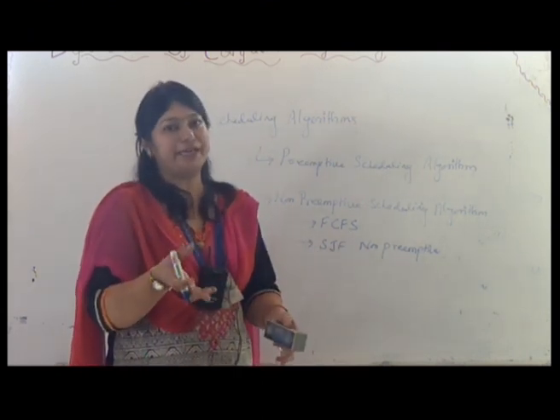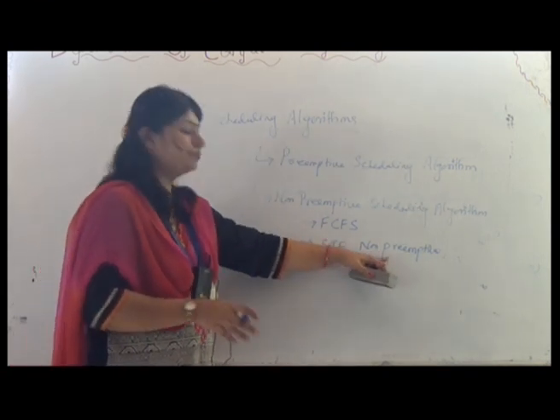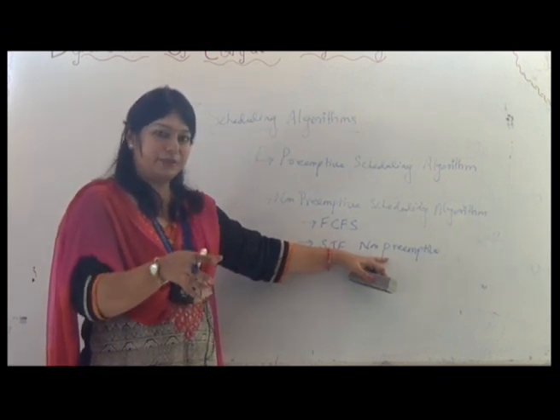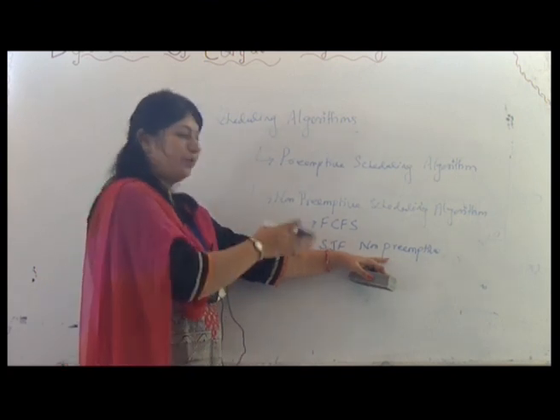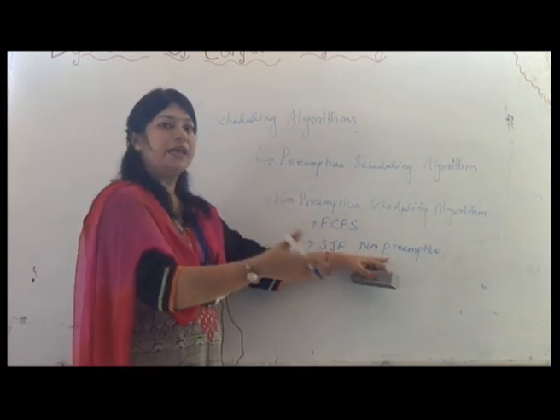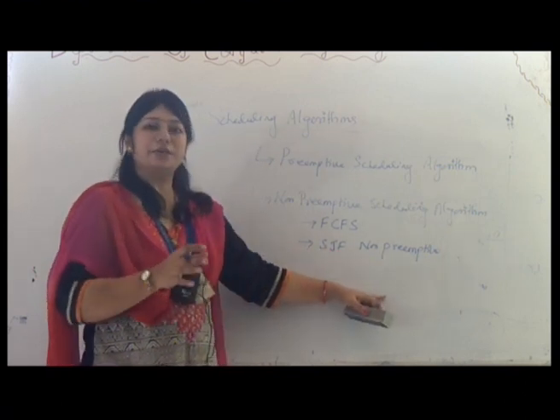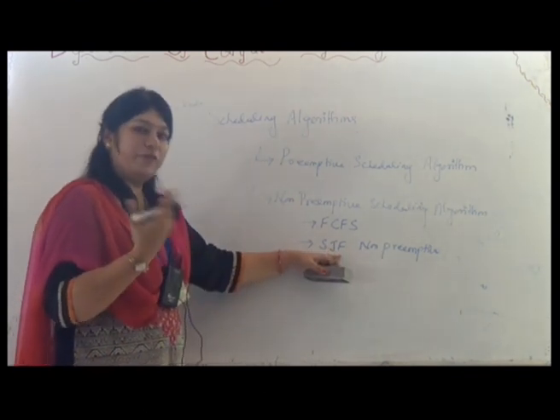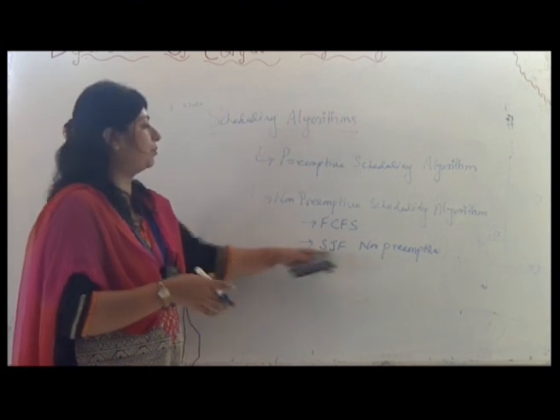That is the simple working of SJF non-preemptive. Out of the processes which are to be executed, it is checked which process requires less execution time, and the CPU is allocated to that process first, then to the next order process. In this manner, the CPU is allocated to the remaining processes, and this is non-preemptive. Once the CPU is allocated, it can't be preempted and allocated to another process.